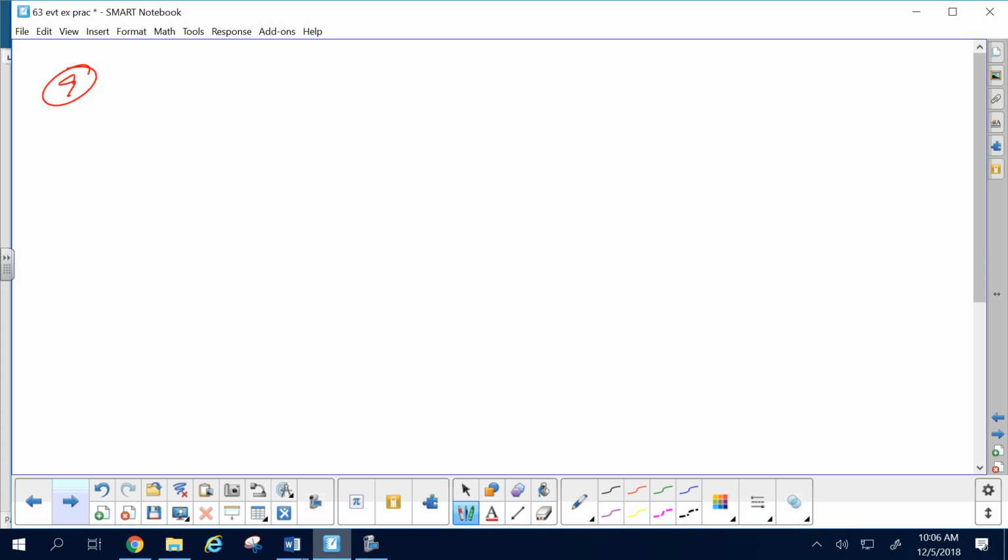Okay, 9, this is actually identical to an AP multiple choice question on the 2008 exam. F is a function whose slope at any point is twice its x coordinate.